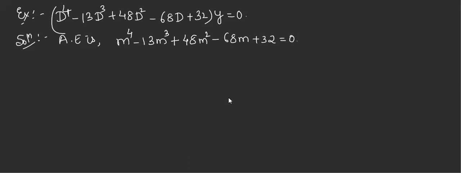So how many roots do we have to get now? 4 roots. For that, we have to apply synthetic division. No other option. The calculator restriction is that it works only up to order 3.